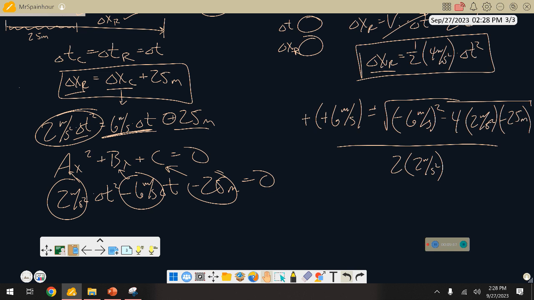Now those cancel to a positive, and let me grab my calculator here. 6 squared is 36, minus 4 times 2 times negative 25. And I'll square root that whole mess. Everything inside the square root is about 15.4 meters per second. When you've got a situation like this, plus or minus, for starters, if you're smart about it, you can see that if I subtract, I'm going to end up with a negative on top divided by a positive, which means I'm going to get a negative answer.